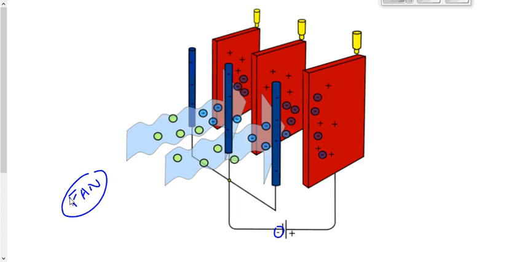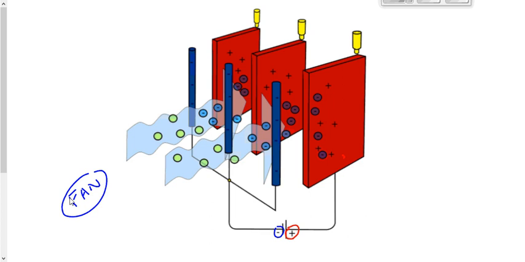Now, once they pass by these little blue rods, they're negatively charged, right? So the pollutants are negative. They're still there, but they're negatively charged now. Now, as they pass through these positively charged plates, and we know these plates are positively charged because they're closest to the positive terminal of the battery, what happens now to these negative pollutants as they go through these plates?